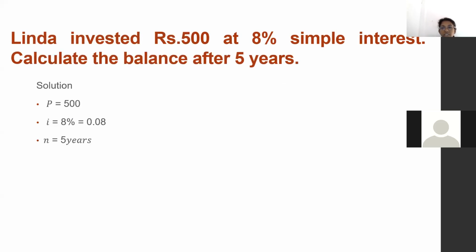It's simply the multiplication of 500 into 8 into 5, which means the original amount into interest rate into the time period. So it's really easy to calculate the interest.